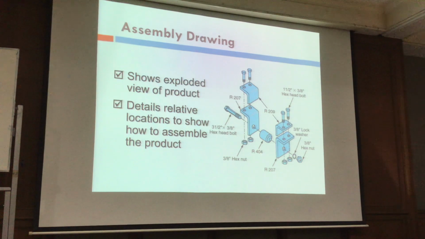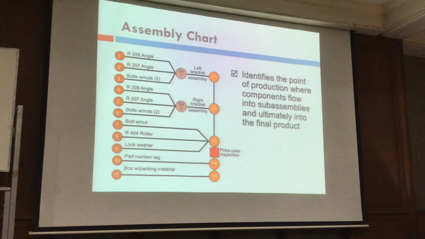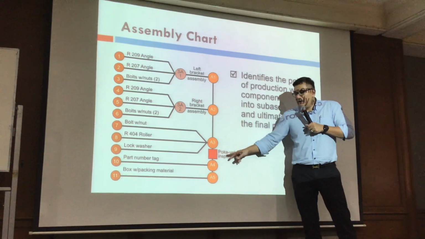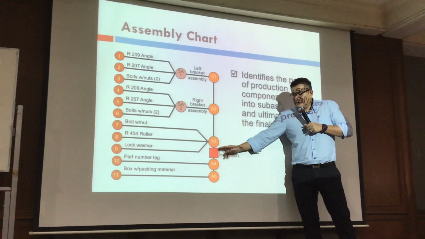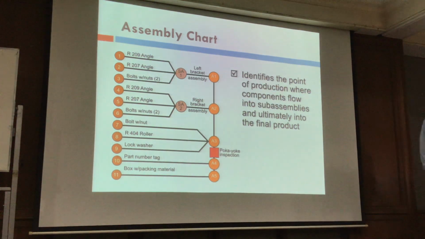But if it is more abstract, showing just a diagram or a chart, we call it an assembly chart, right? The assembly chart is like a linked diagram showing the flow of the components into the sub-assemblies, and finally assembled together into the final product. It can also be used to specify the location or step where you need something like an inspection, right?